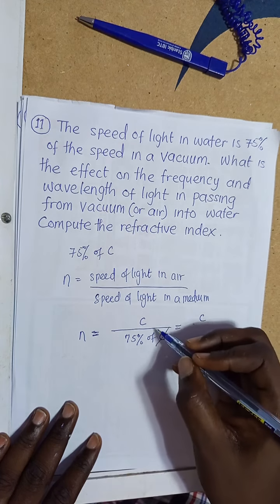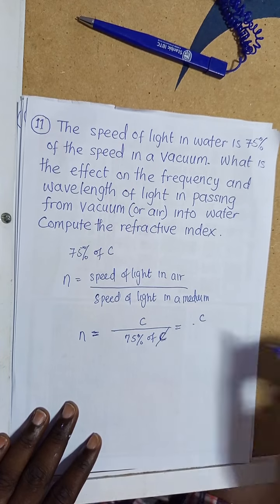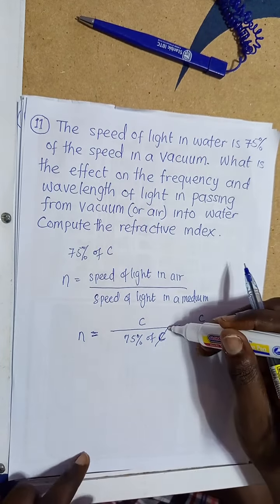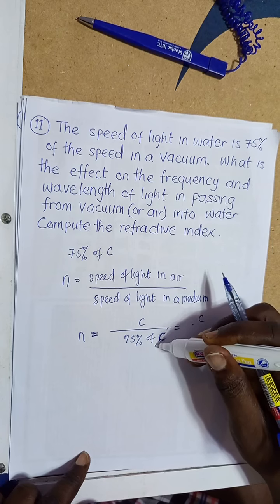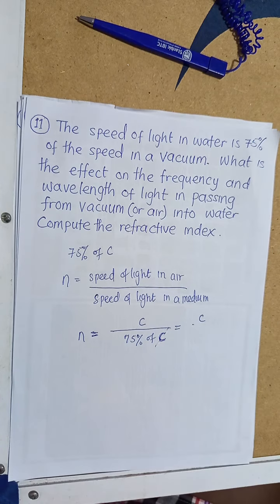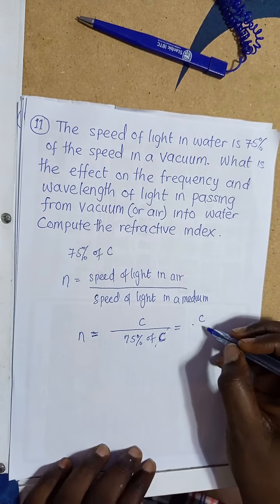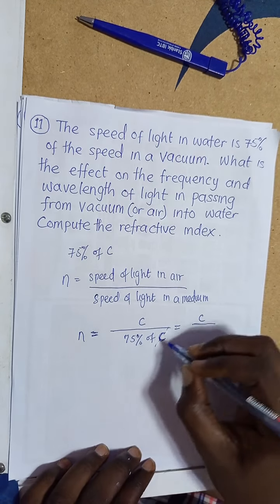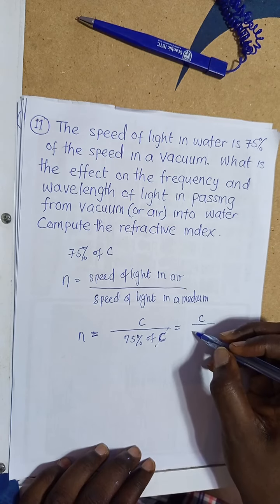You can say this one will cancel. Okay, before I cancel, let me not cancel it first. Let me convert the 75% to a decimal.